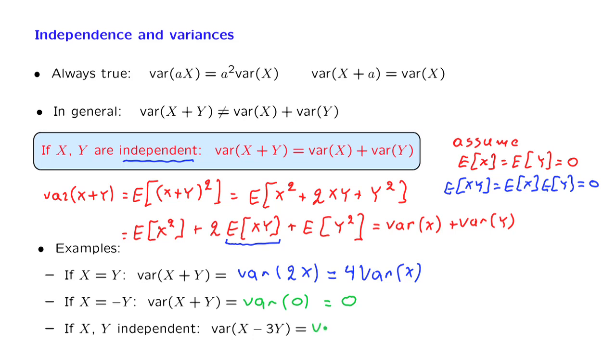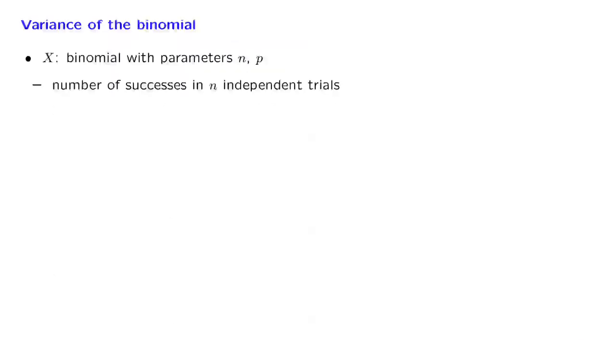Therefore, this variance is equal to the sum of the variances of X and of minus 3Y. And using the facts that we already know, this is going to be equal to the variance of X plus 9 times the variance of Y.